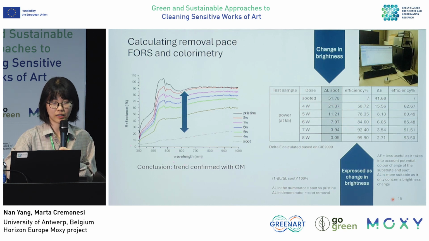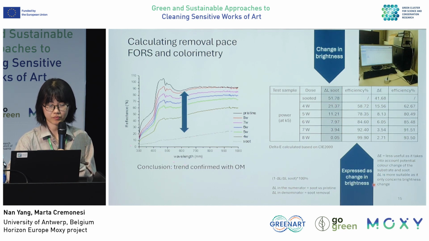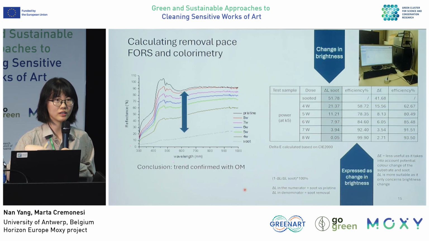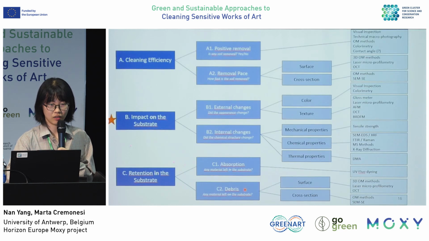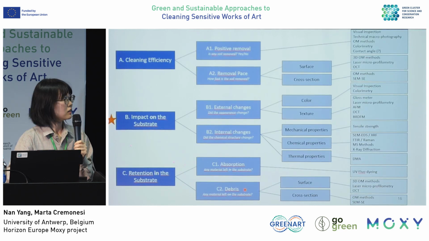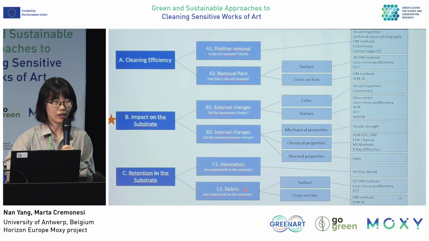That's why here we selected the delta L. And this delta L value also confirmed the previous brightness change. And then, after the evaluation of the soot removal, we could move on to see the impact on the substrate.